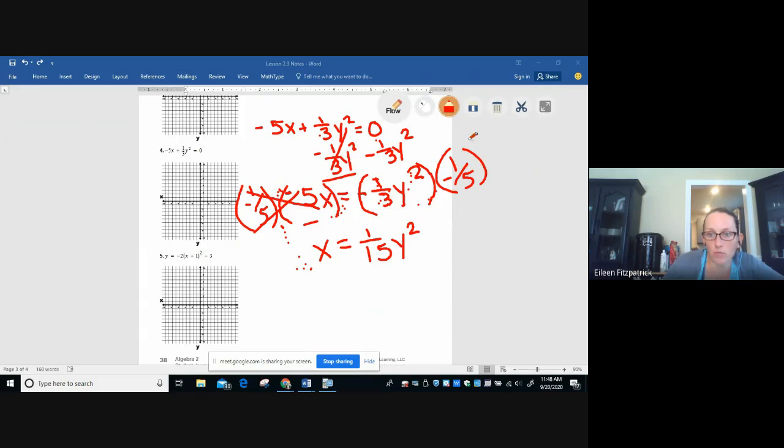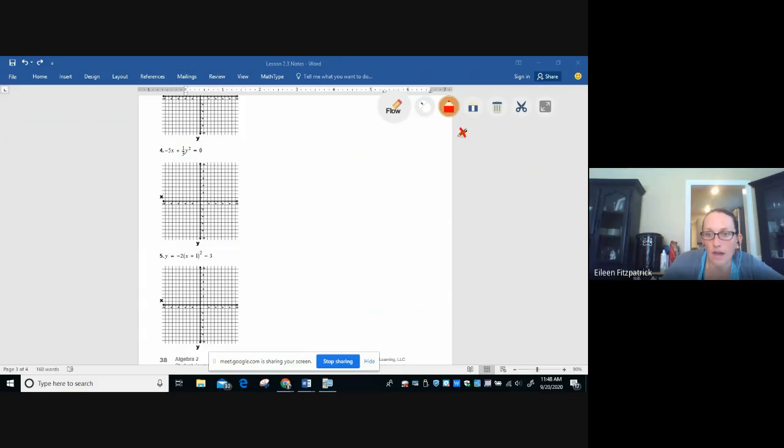Okay, so that's the equation, which I'm going to write over here and then erase everything else. So it's x is equal to 1/15 y squared.